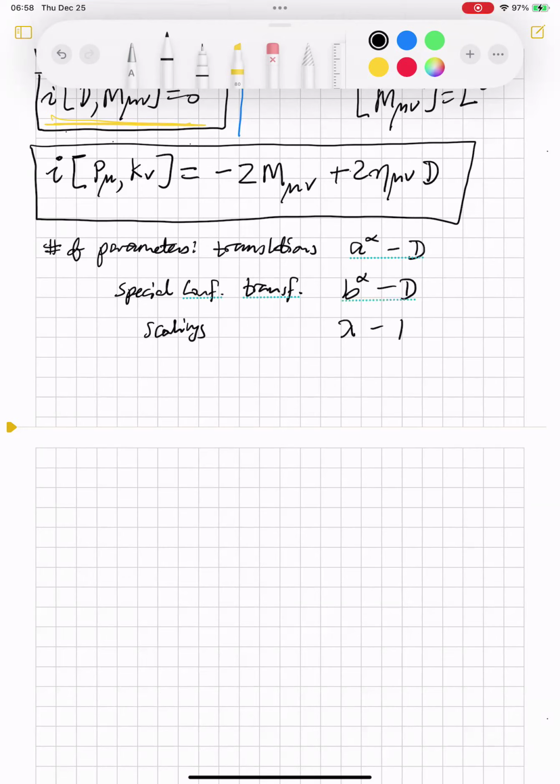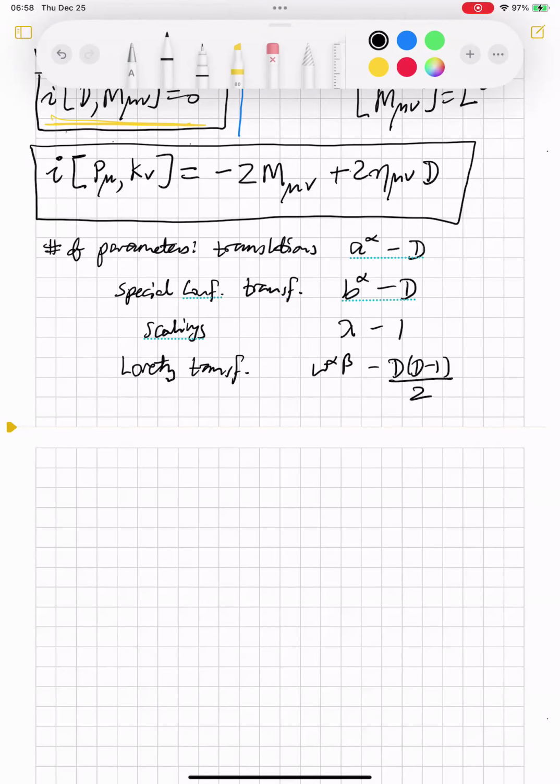And then we've got Lorentz transformations, which you know are rotations and boosts. We call these omega alpha beta, and if we are working in d space-time dimensions, this was d times d minus 1 over 2.